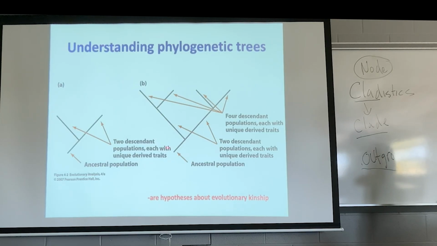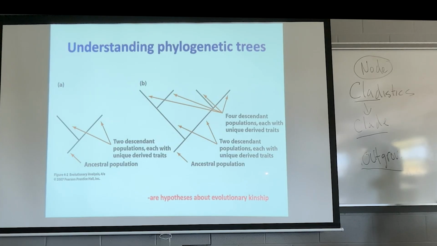And so you've got ancestral populations at the base of the tree and what we call derived populations or descendants from the common ancestor above. And then again, we'll put tick marks or slashes on the branching lines to represent traits that separate the groups. And we're going to name what types of traits we use here on the next slide.